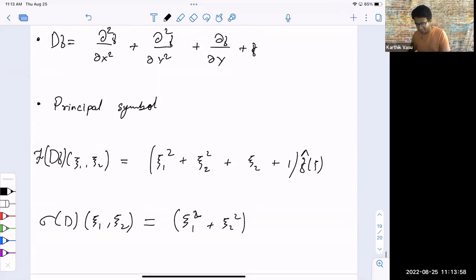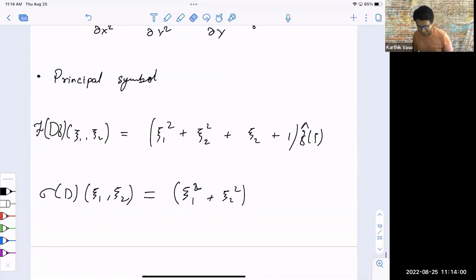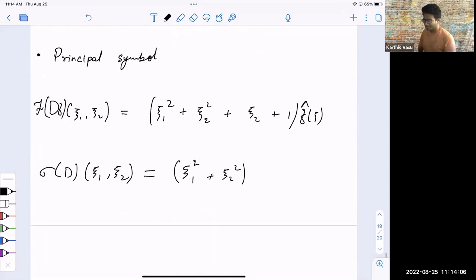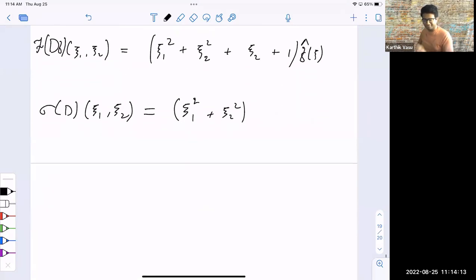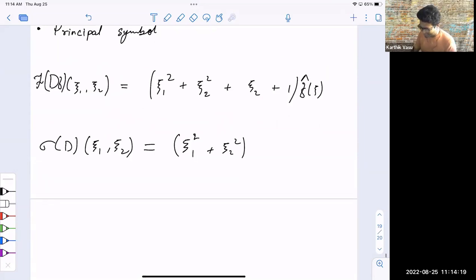Given a differential operator, the principal symbol will just be this, if this was all done on Rn. Are there any questions till now? Because I'll hand wave a little bit after this. Obviously there are some constants I'm missing here, some i's here and there, but we will forget that.